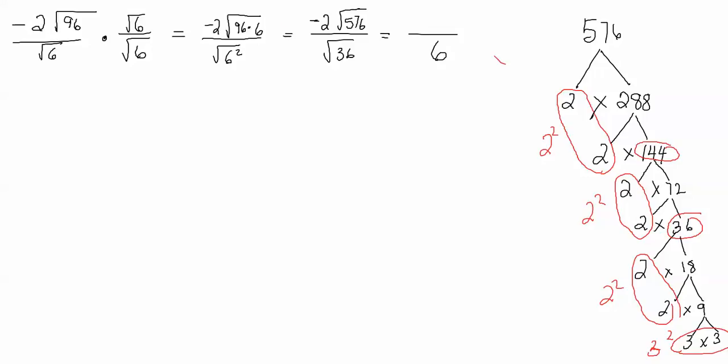So let's take this up here. We have -2 times the square root of 2 squared times 2 squared times 2 squared times 3 squared.